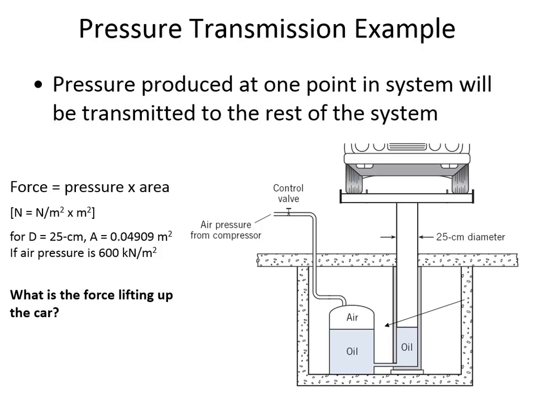And so the force that's acting up, the force due to this pressurized oil, is pressure times the area. So what we have in equilibrium is that the weight acting downward is equal to the force that's applied by the pressurized oil.